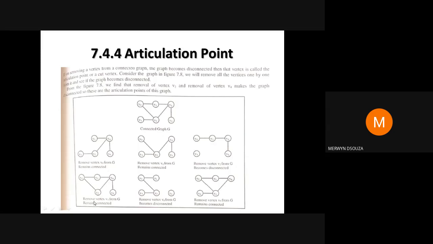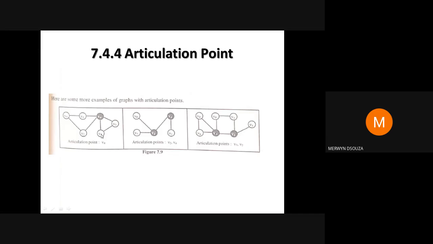There are more examples given here in this slide where you can remove vertices and check whether the graph becomes disconnected or not. You can go through this and try it later. If you find any other vertex which causes the graph to be disconnected, then that will also be an articulation point. Here there are some more examples. You can see they are highlighted, made black.